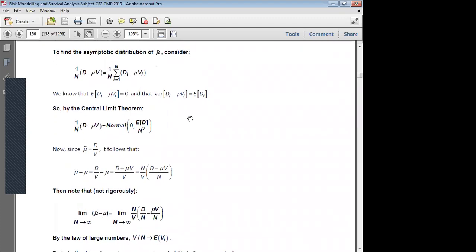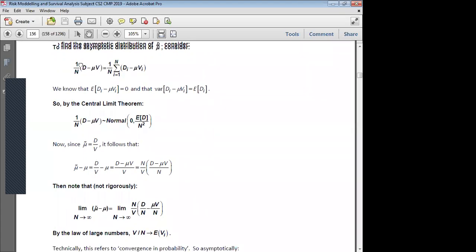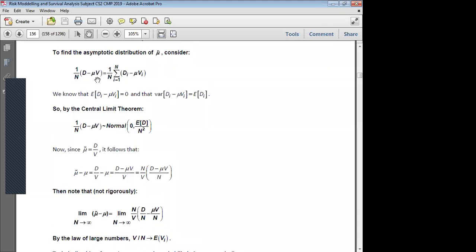Now if I can assume safely that this average will always be less than infinity and the variance is also less than infinity, then I can say that this random variable behaves like a normal distribution when n gets fairly large. So this assumption is due to the central limit theorem.